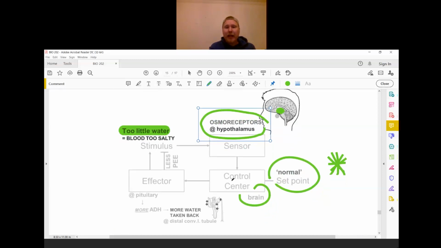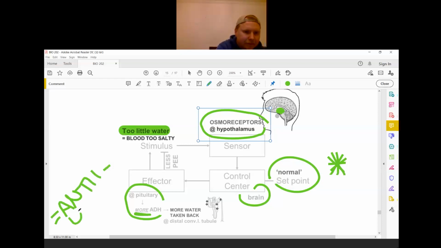Well, if we are off from the normal range and we have too little water in the body, now the pituitary gland starts to secrete more ADH. And again, we remember that was the anti-urination hormone.